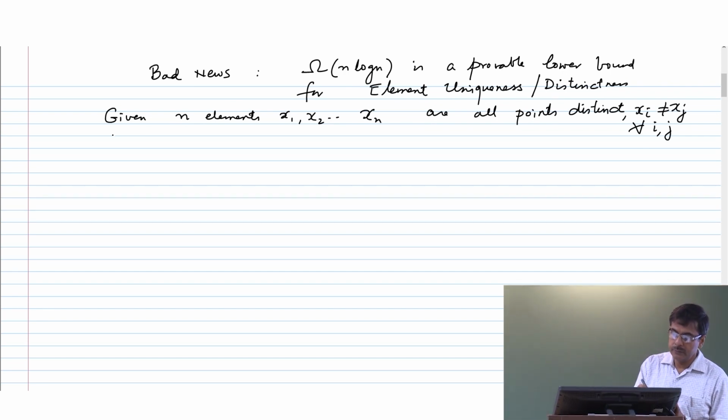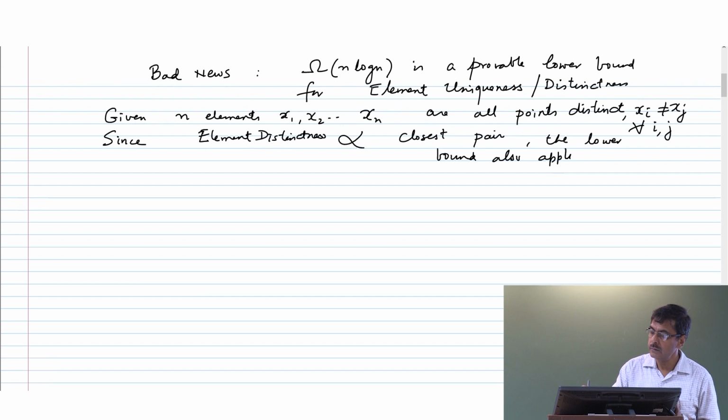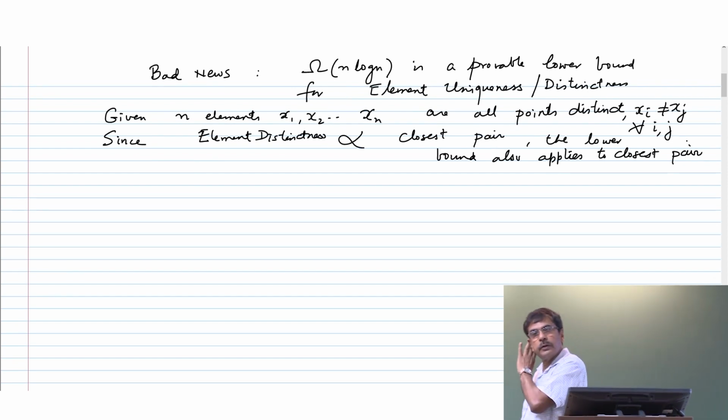So, since distinctness is reducible to closest pair, the lower bound also applies. Otherwise, we could violate the lower bound.